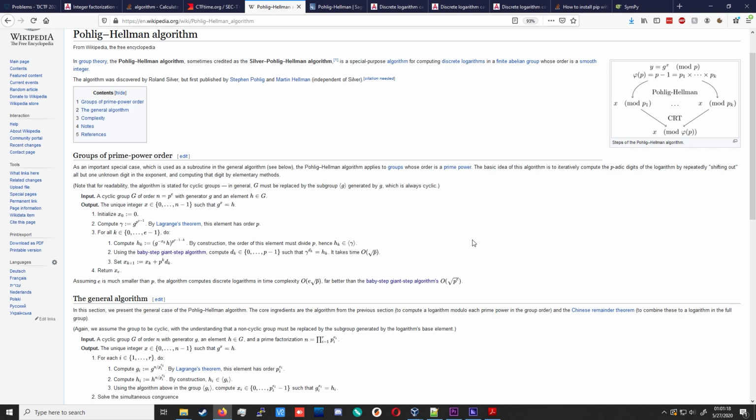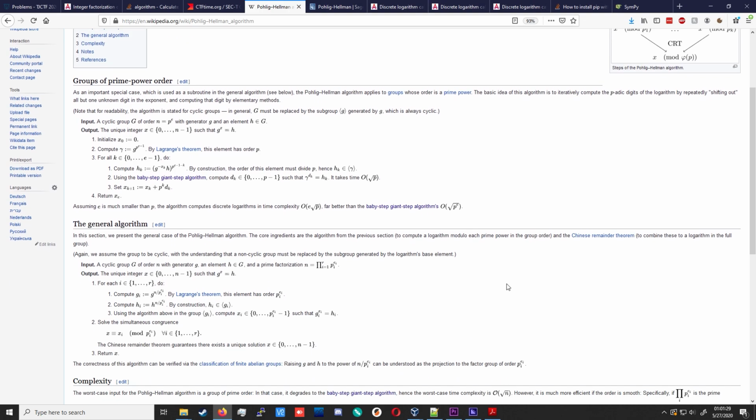Now, I'm not going to go into detail on how these work and go through examples because I've linked things in the description where somebody has done that better than I can. I highly recommend you check those out if you want to understand more, but the important bits of terminology are this. The baby step giant step algorithm is a space-time trade-off approach that doesn't think that cleverly about whether the modulus is composite or not.